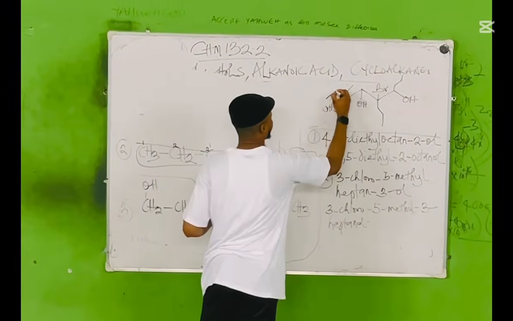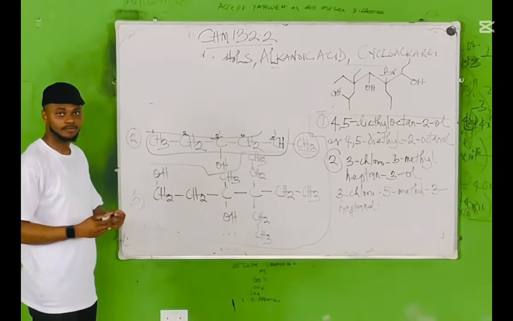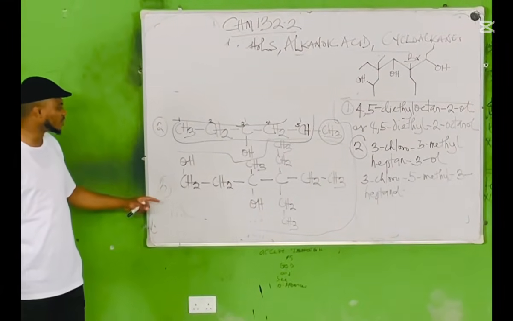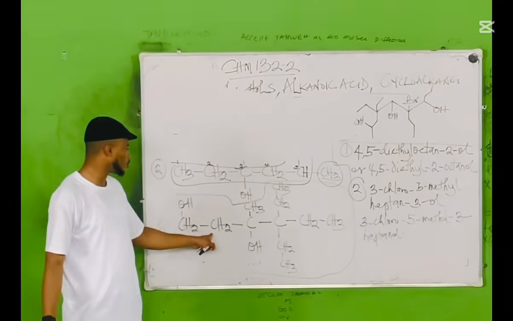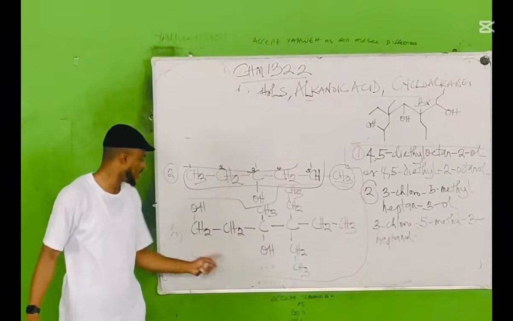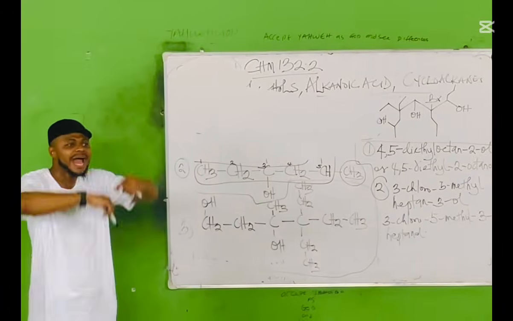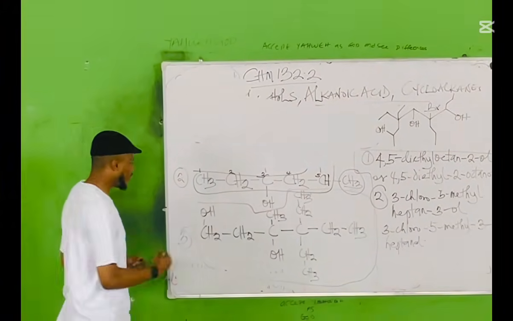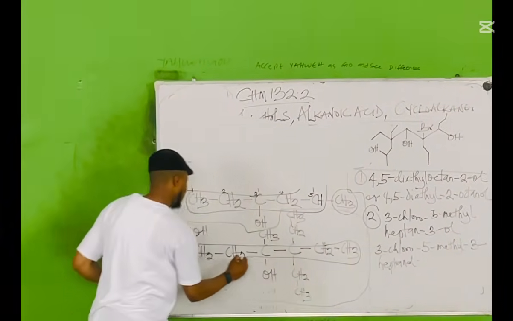For the third structure, we count the longest continuous carbon chain as we've always been doing. If we count, we have 1, 2, 3, 4, 5, 6. Even like this, you can still go. Anyhow we count it, we still arrive at the same answer. So let us just take the straight chain.